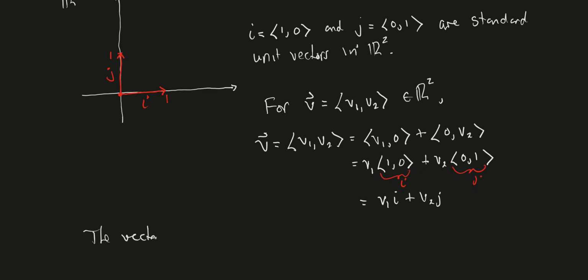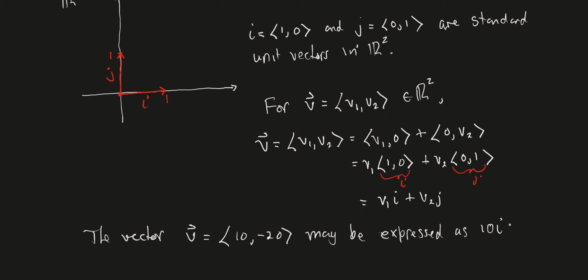So the vector, let's say 10, negative 20, may be expressed as, so now I could say this would be 10i plus negative 20j, or I could just write it as 10i minus 20j, right?